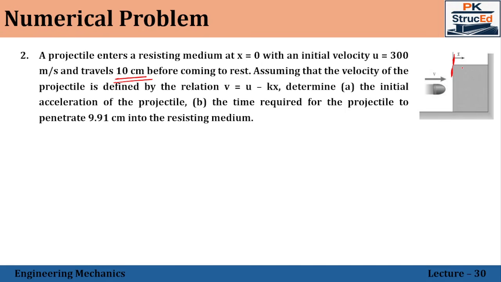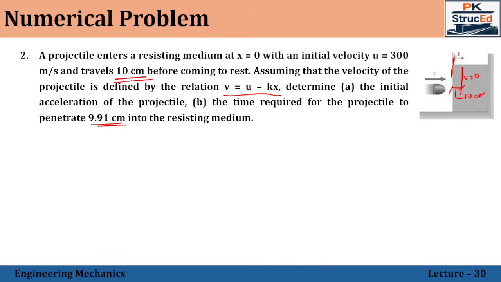It may travel up to some distance. That distance has been 10 centimeter, at which the velocity becomes 0. Okay, so assuming that the velocity of the projectile is defined by the relation v is equal to u minus kx, determine the initial acceleration of the projectile as well as the time required for the projectile to penetrate 9.91 centimeter into the resisting medium.